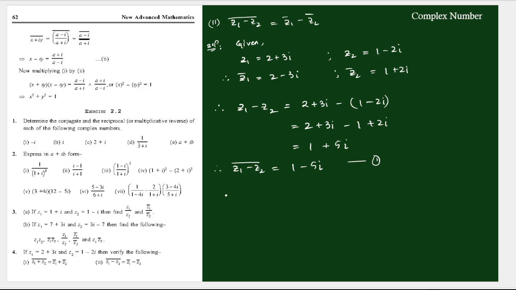Then now let's go to z1 bar minus z2 bar. So z1 bar is how much? 2 minus 3i. z2 bar is 1 plus 2i. So 2 minus 3i minus 1 minus 2i.